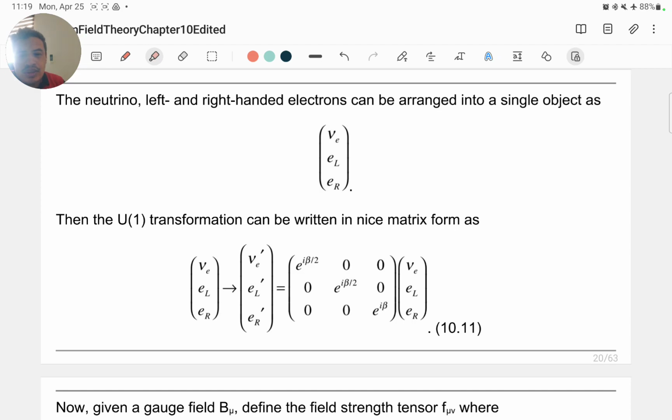So you will have nu, e L, and e R in one column.